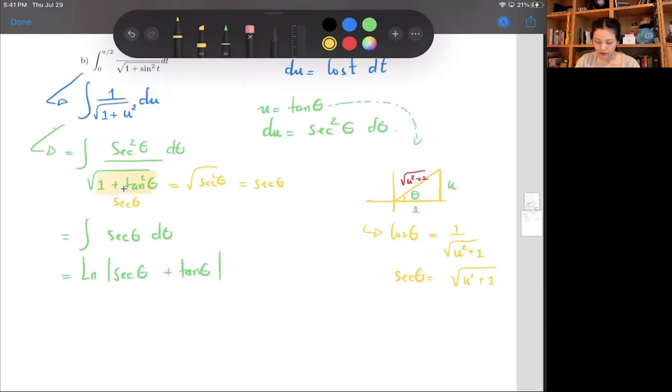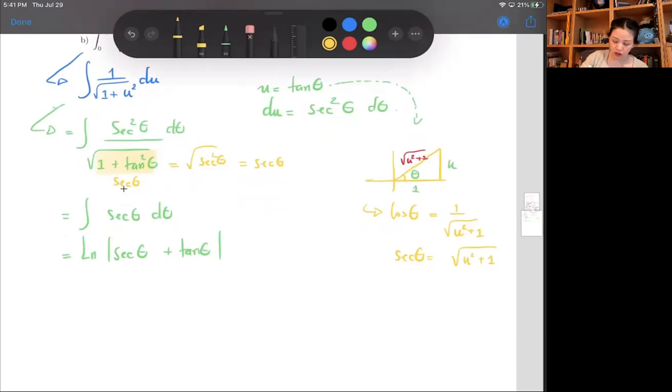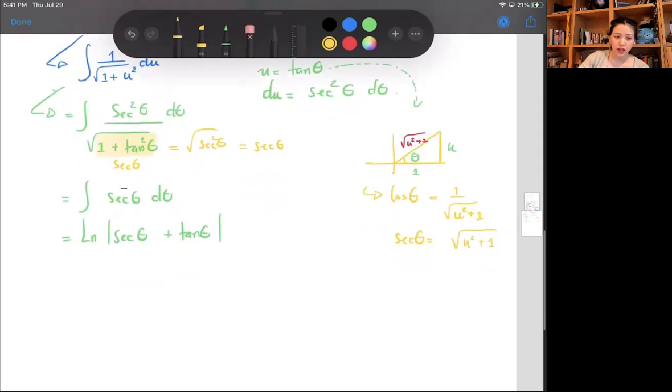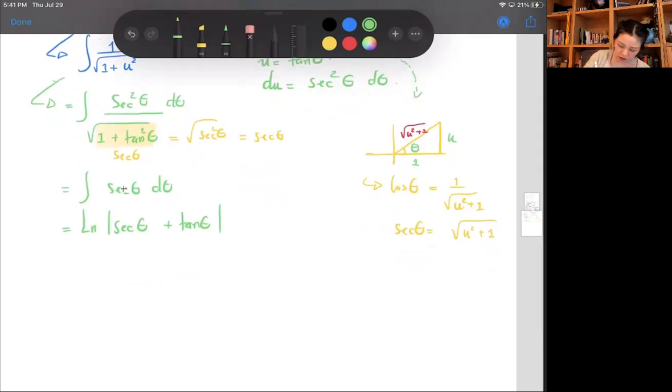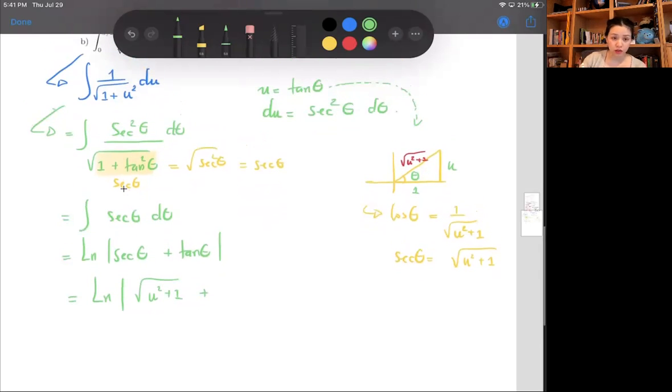So I'm going to rewrite this as ln of the absolute value of the square root of u squared plus 1, plus tangent theta, which is u.